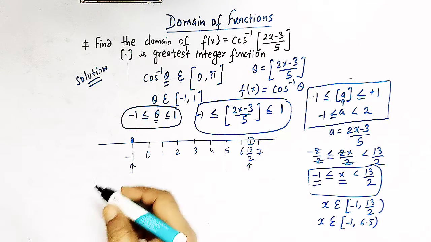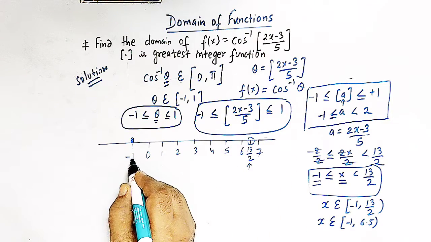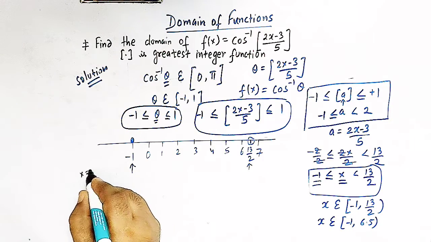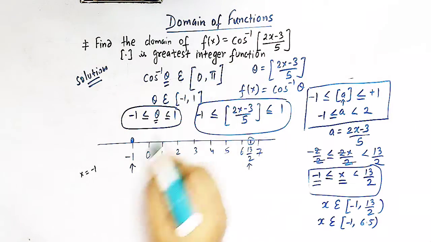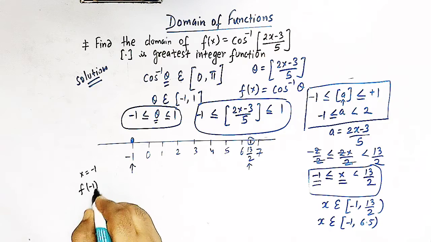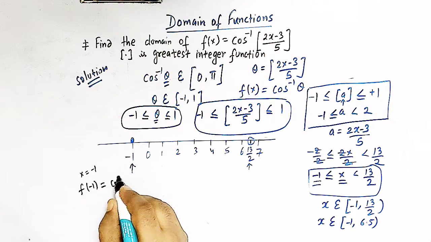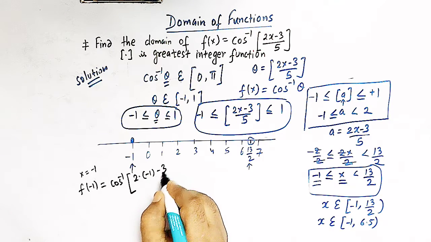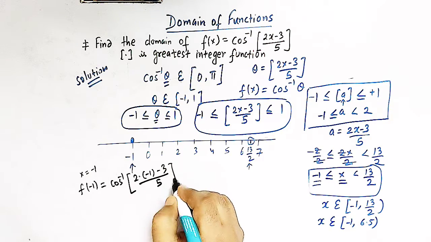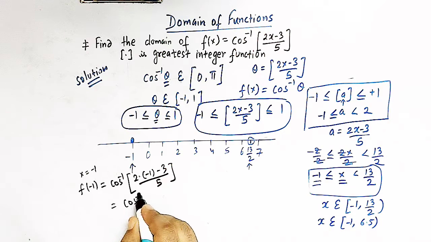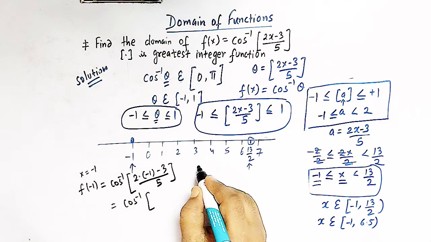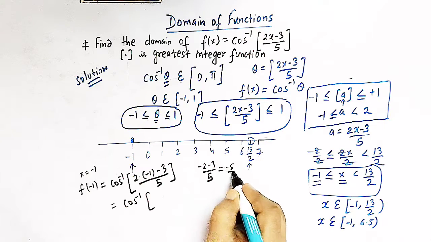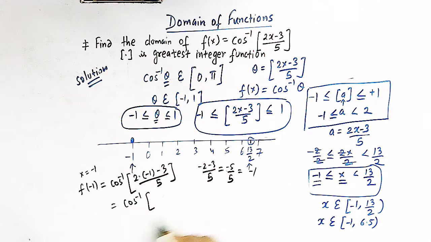So here we can easily see that minus 1 is included in our domain. So let us take x is equal to minus 1 in this function. So we have f of minus 1, that is cos inverse greatest integer of 2 times minus 1 minus 3 over 5. So here we have cos inverse, this is minus 2 minus 3 over 5. So this is minus 5 over 5, that is minus 1.